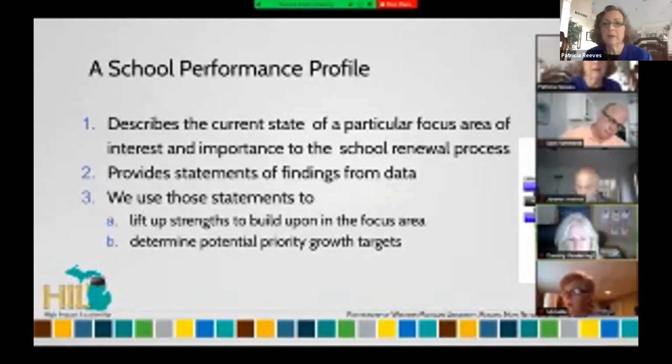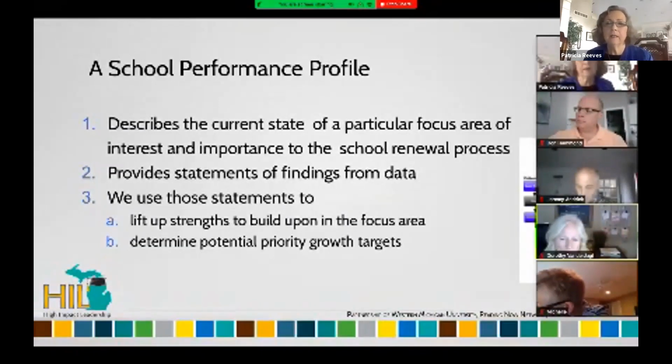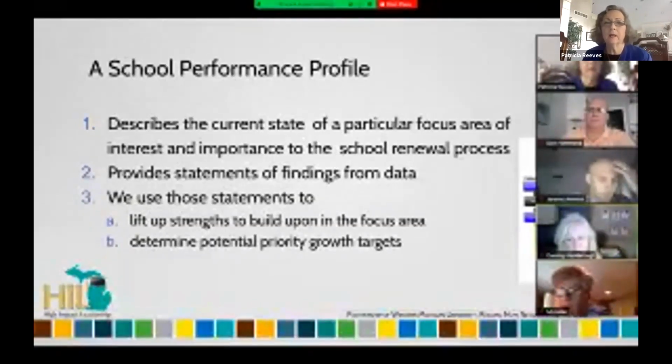But I want to start out by just reminding us that the school performance profile is just a process by which we identify, lift up, capture, and use our understanding of the current state of the school around a particular focus area.